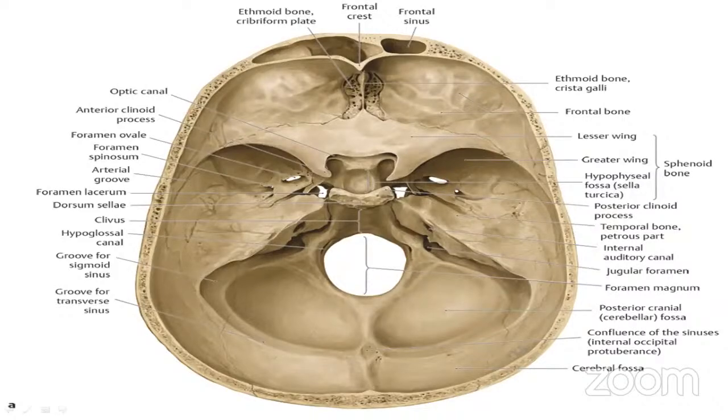The middle cranial base is formed largely by the sphenoid and the temporal bones. The middle portion is formed by the body of the sphenoid, and the lateral part is formed by the greater wing of the sphenoid and the temporal bone.